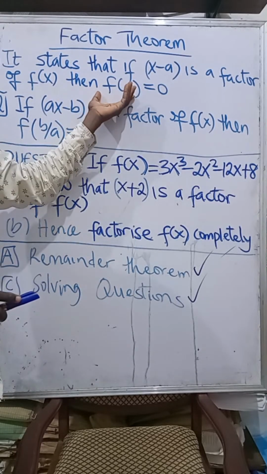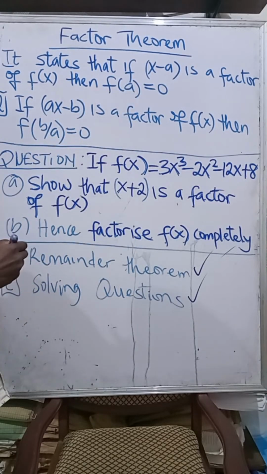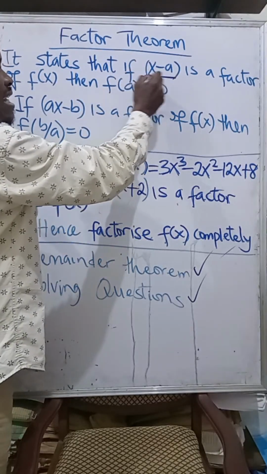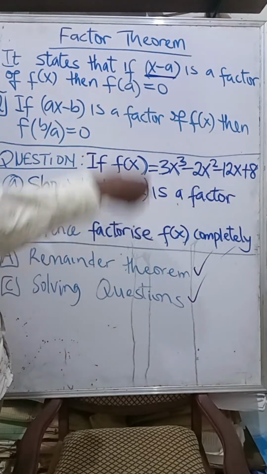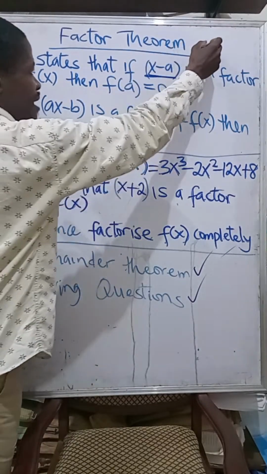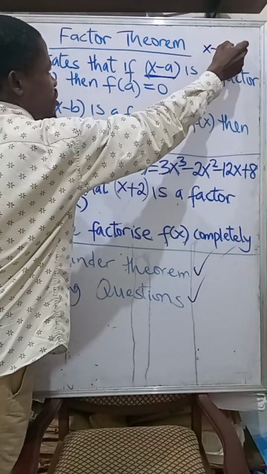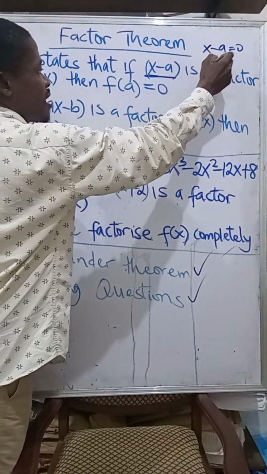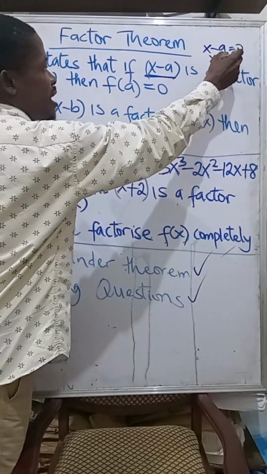What does that imply? It implies that we equate this factor, x minus a, to 0. That will be x minus a equal to 0. So when you do that, you have x equal to a.